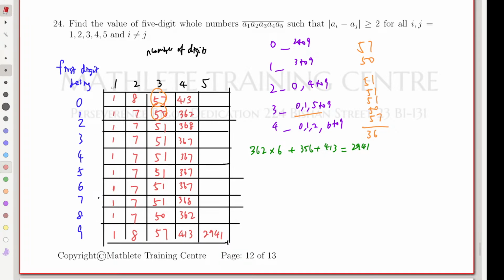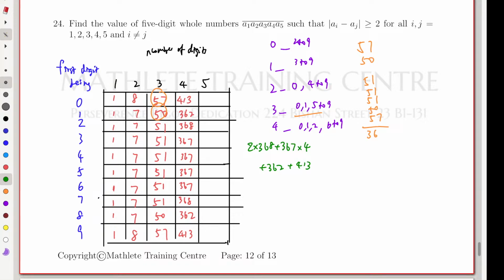So finally, my number here is not 2941. I'm just going to press my calculator here because I just want to finish going through this question. What is the number here? Let me calculate it out. There will be 2 to 9. So it's 368 plus 367 times 4. Okay, it's 2 times 368 plus 362 plus 413.